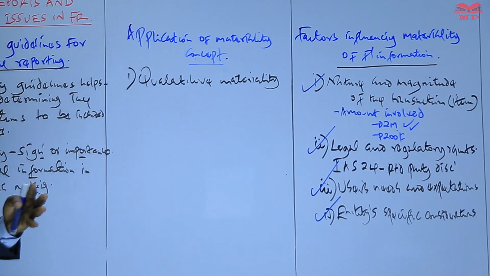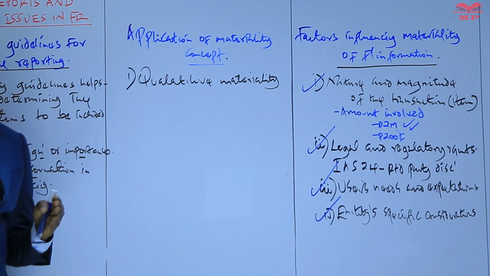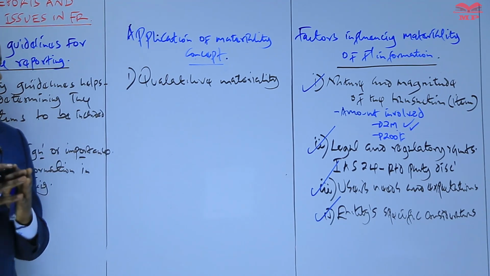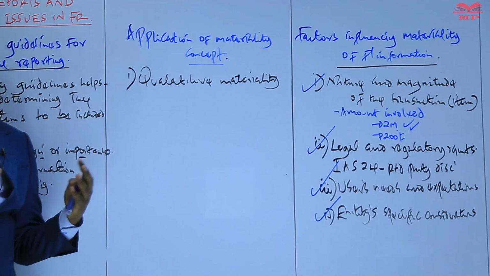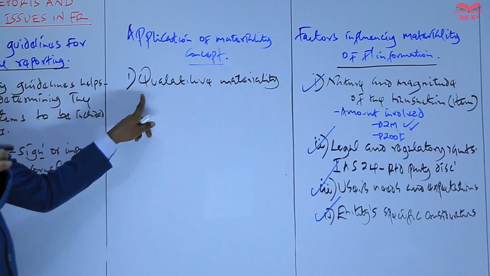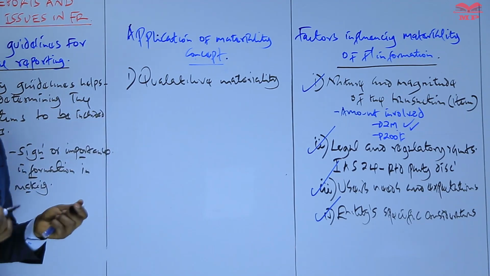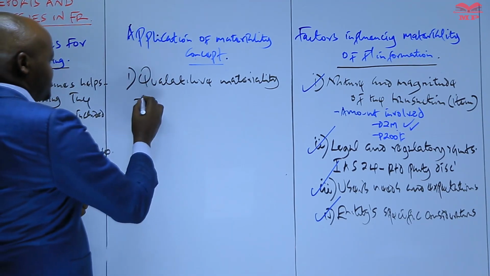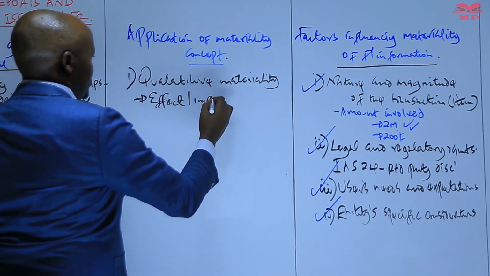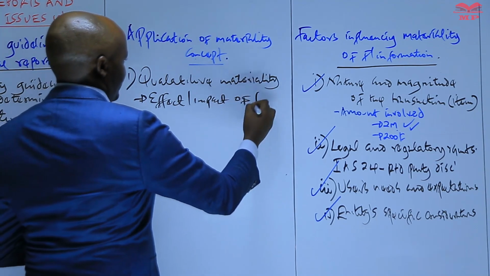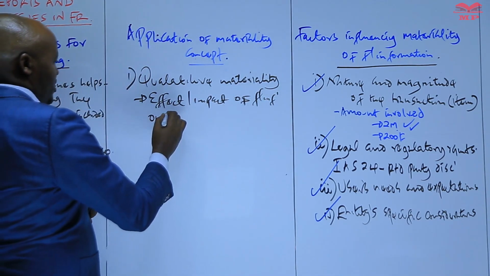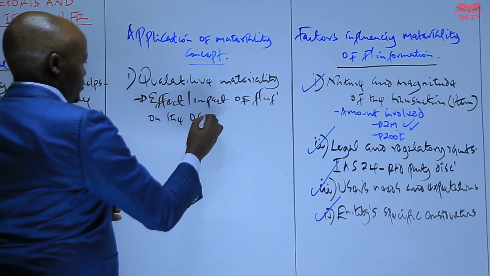But if financial information will not affect the decision to be made by the users, then in such a case we say it is immaterial. So under what is referred to as qualitative materiality, we look at the effect, or basically the impact, of financial information on the user's decision.